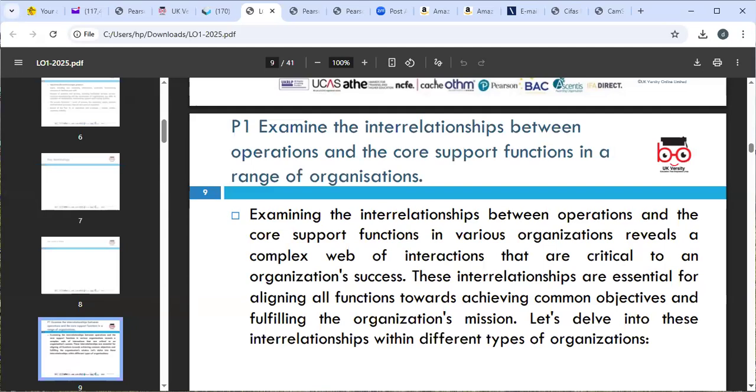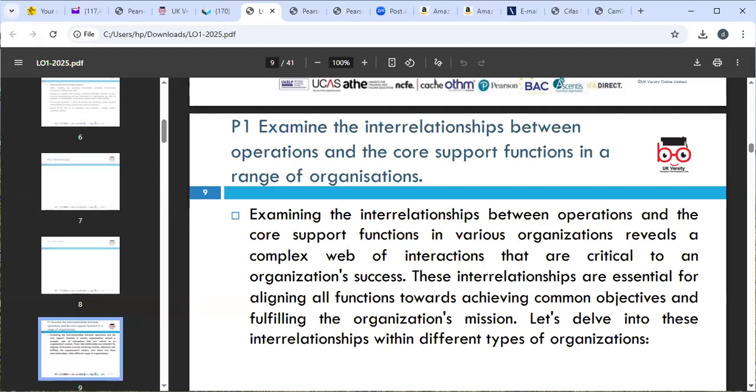These interrelations are essential for aligning all functions towards achieving common objectives and fulfilling the organization's mission.